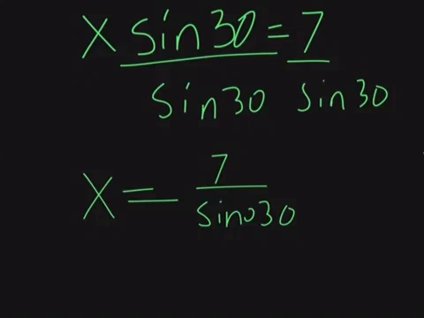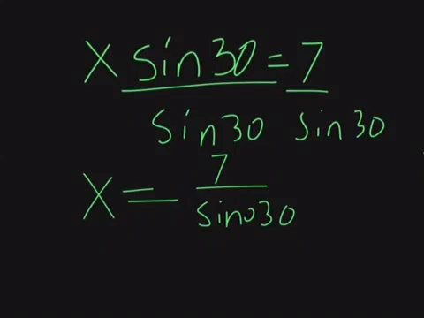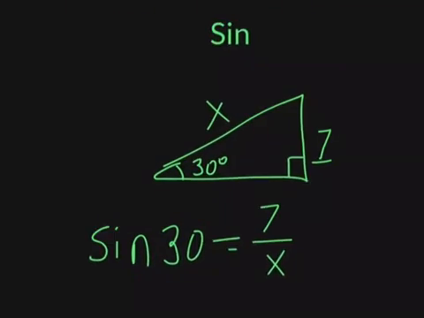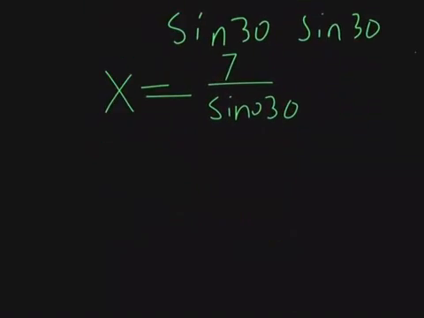Get out a calculator and divide 7 by sine of 30. That's equal to exactly 14, so we don't need to round. So x is equal to 14.